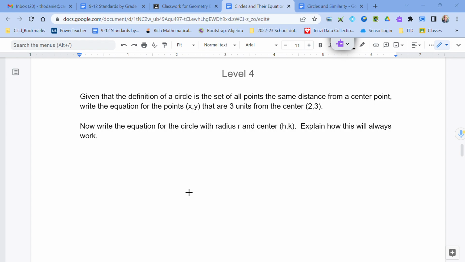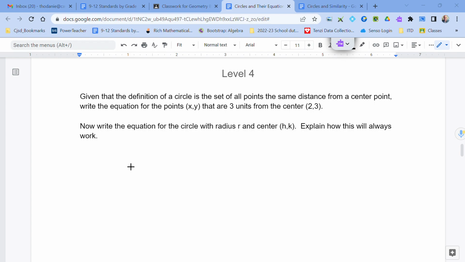Okay? And actually, you know what I'll do real quick? Let me just get a new screen in here. So let's just start with the center 2, 3. So I'm going to put a point here. Let's put it down here.